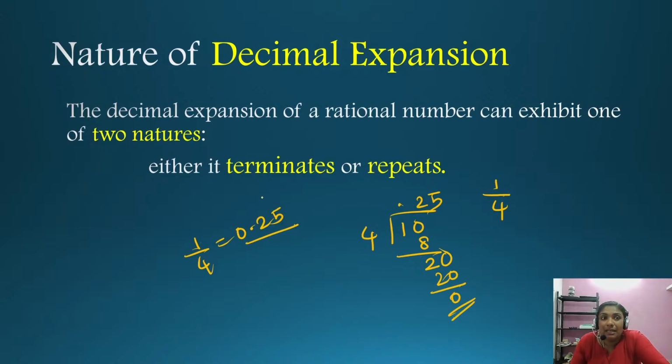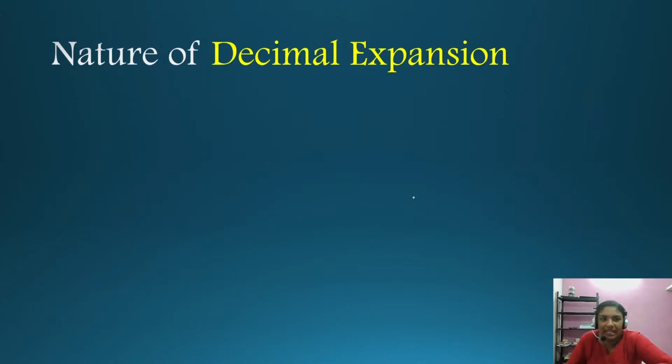And there is a nature we have to learn about the decimal expansion. Okay. So what does it tell? The decimal expansion of a rational number can exhibit one of two natures. Okay. So what are the natures? Either it terminates or it repeats. Let's see. So we have now seen 1 by 4, right?